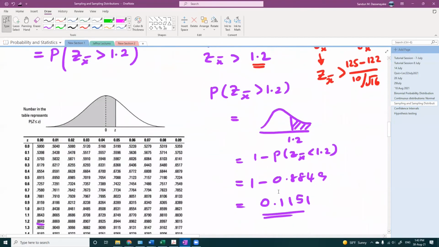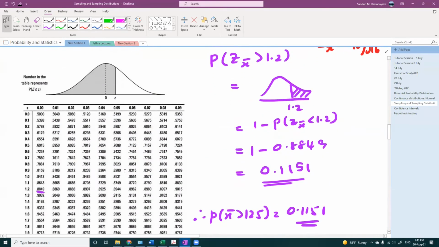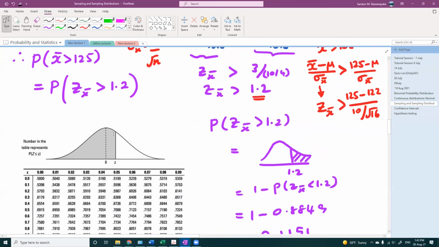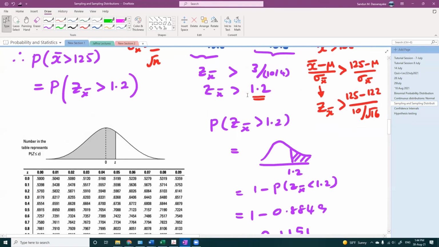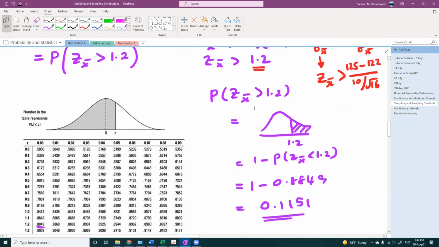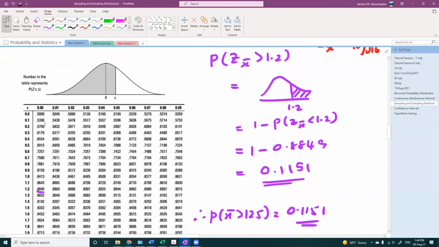So same thing, we refer to the table. This is a table that I usually follow. The values are given to the left side. If you know a Z value, you know the area to the left of that value under the curve. We know that the Z value is 1.2, and 1.2 can be read from the table.